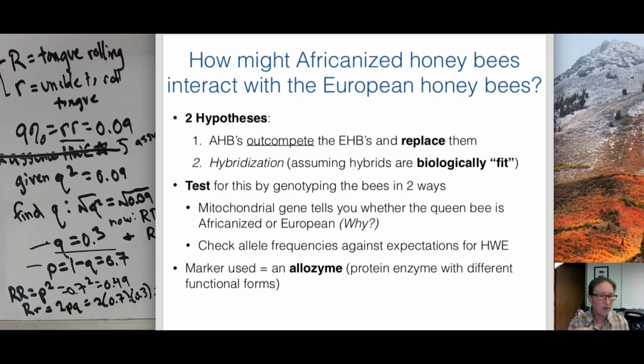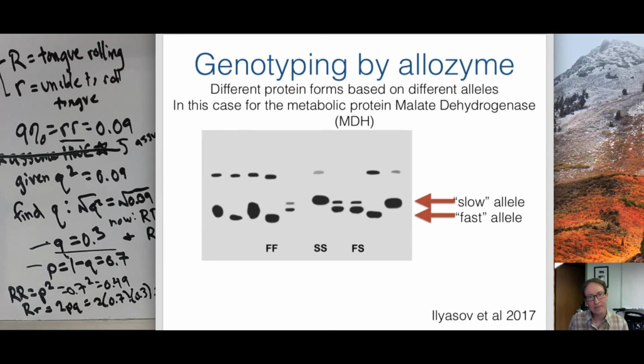And the marker they used for the second round of genotyping is something called an allozyme, which is basically a protein enzyme that has different functional forms. So when you genotype using an allozyme, it's very similar to just directly genotyping an individual. And you kind of get something that looks similar to the outcome of gel electrophoresis as well. So you get different protein forms based on different alleles, and in this case they genotyped for a metabolic protein called malate dehydrogenase.